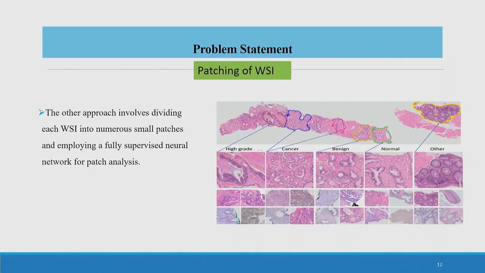This is the whole slide, the big image, and we make different patches. We don't know the label of each one. In that case, the pathologists need to annotate those areas. For example, this area is cancer, this area is benign, this is normal, and this is other. So in one whole slide, there may be different annotations.